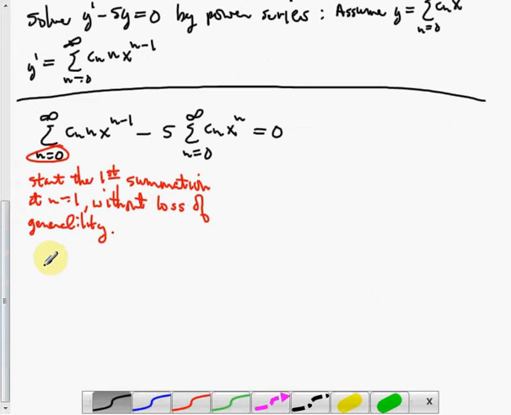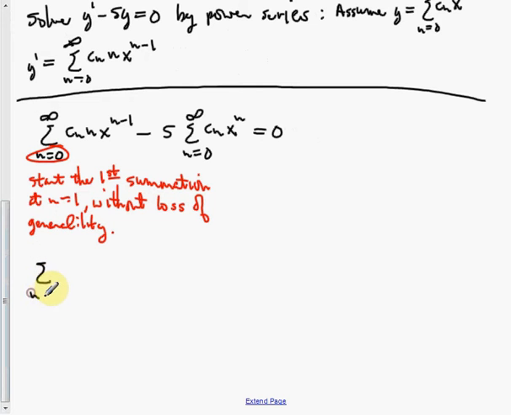So if that be the case, then you can say that this is n goes from 1 to infinity. Everything else stays the same. C sub n times n times x to the n minus 1 minus 5 times the summation as n goes from 0 to infinity of c sub n times x to the n.